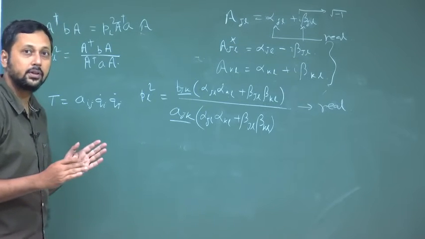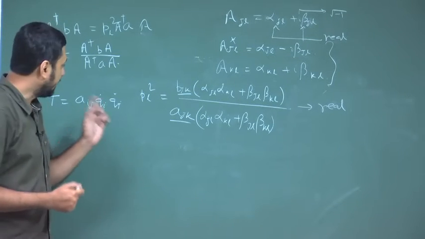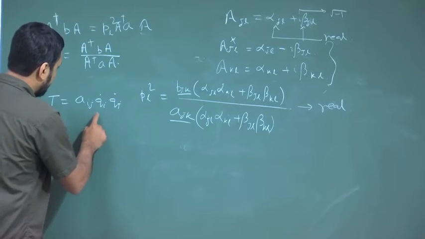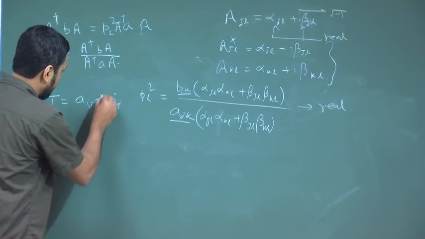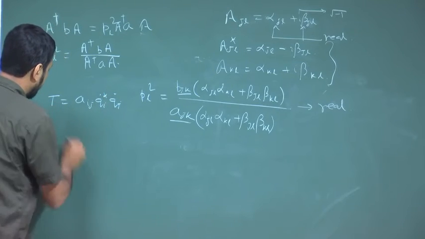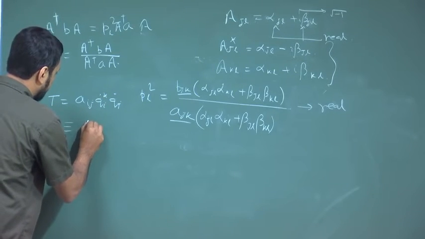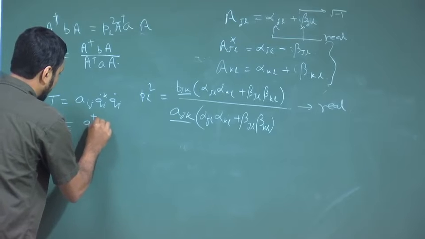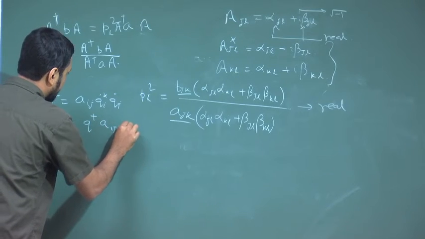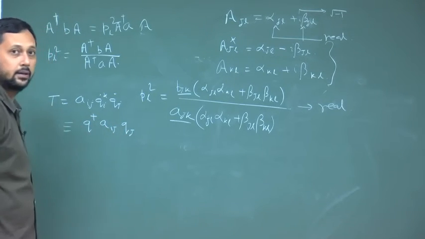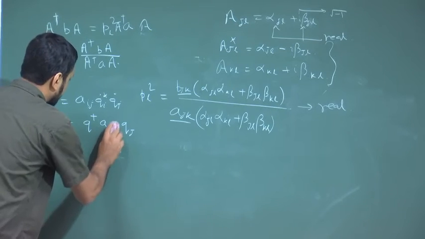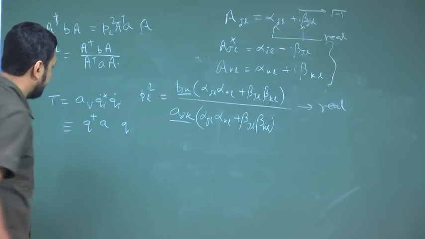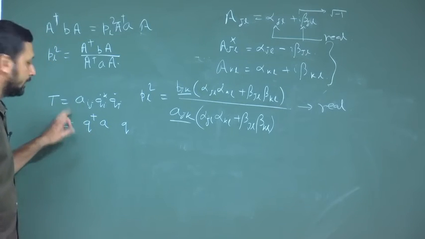Now, these amplitudes are in general complex. So, if I want to write this in matrix form, I have to put a star sign here, which will be equivalent to the matrix operation Q dagger A Q. The indices i and j are not required, because these are indices anyway. So, this will be the matrix operation corresponding to the kinetic energy.